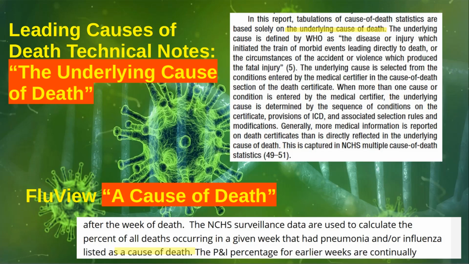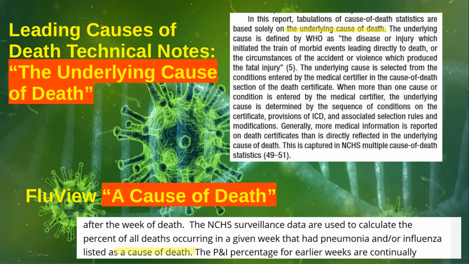The Leading Causes of Death technical notes uses the language "the underlying cause of death." And I'm going to quote: "In this report, tabulations of cause of death statistics are based solely on the underlying cause of death." The underlying cause is defined by the World Health Organization as, quote, "the disease or injury which initiated the train of morbid events leading directly to death, or the circumstances of the accident or violence which produced the fatal injury."